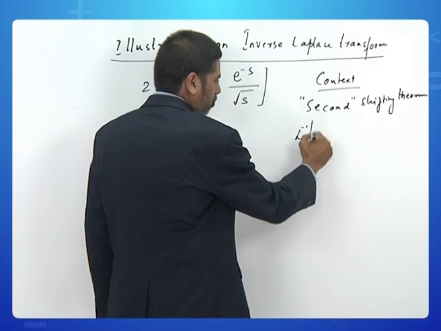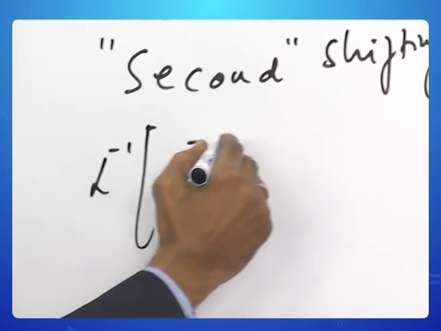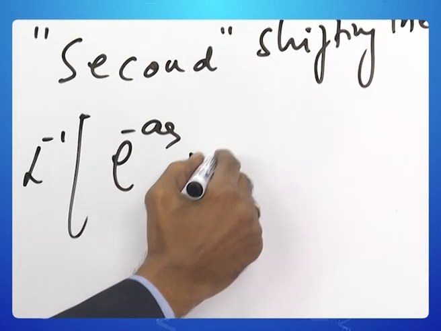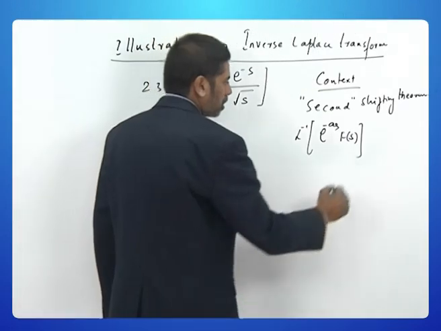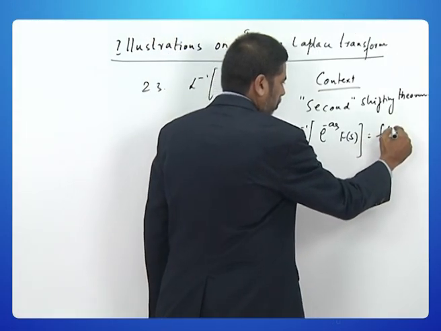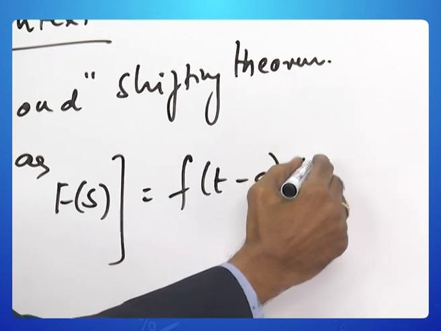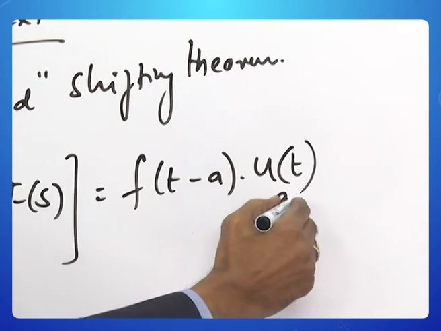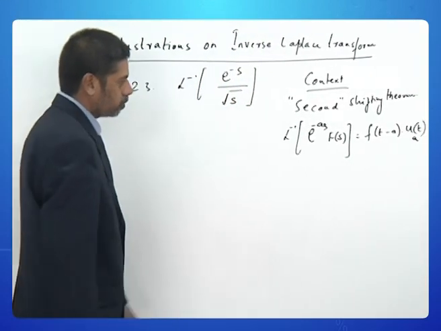It says inverse transform of e power minus as f of s is equal to f of t minus a into u a of t. And what is f of s?